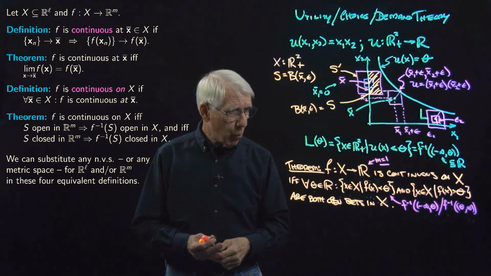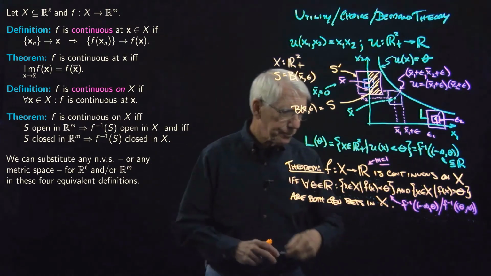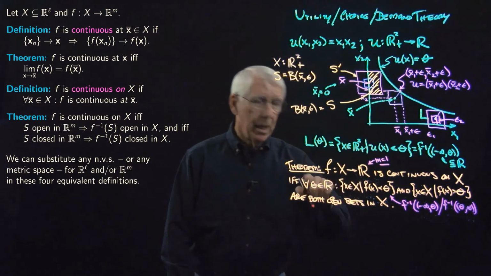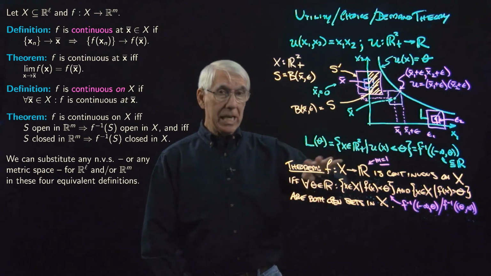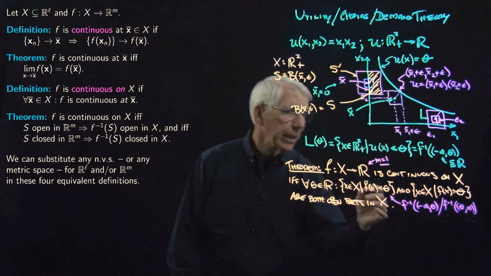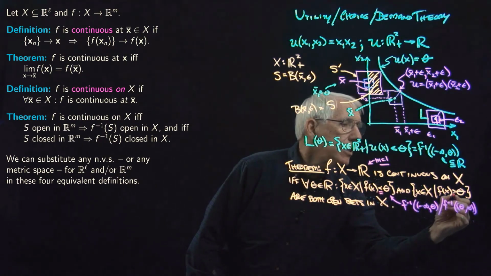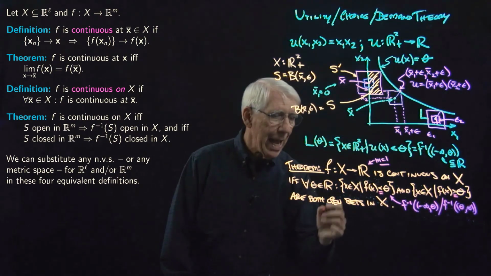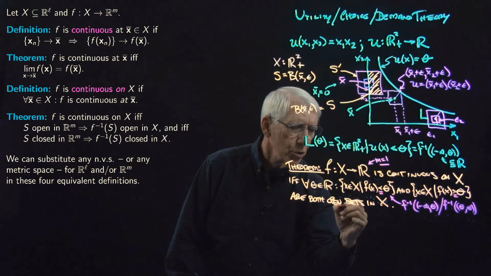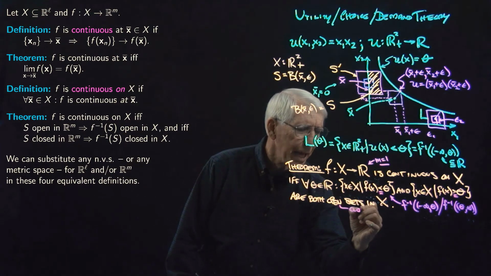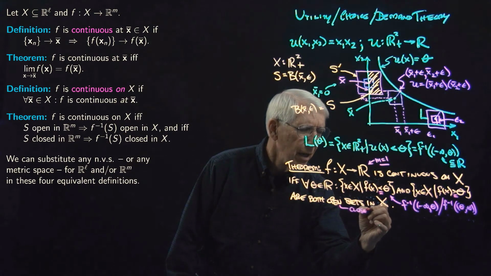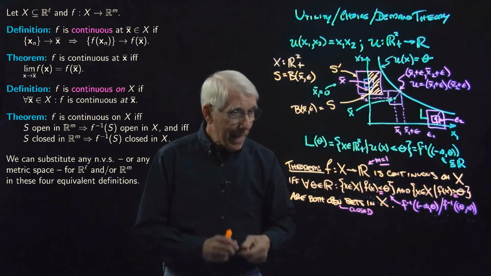let's say one other thing, and that is that yet another theorem, yet another equivalent definition, is if I make these inequalities weak inequalities and change this to closed sets, then that theorem works too.